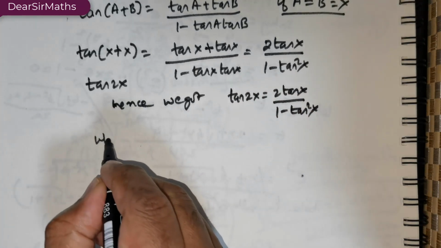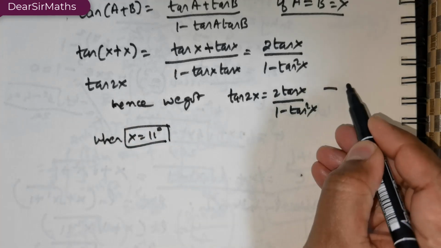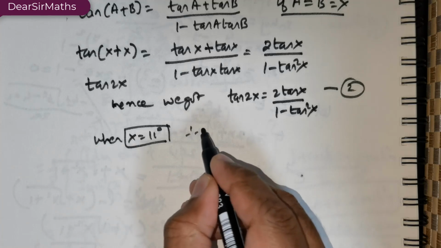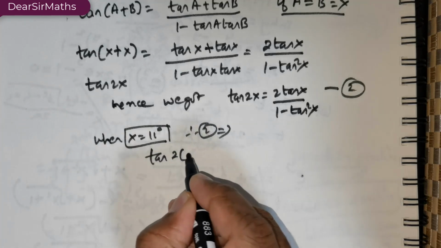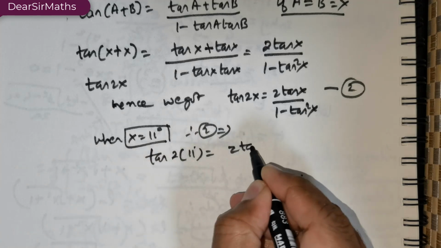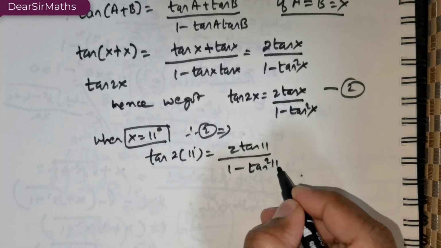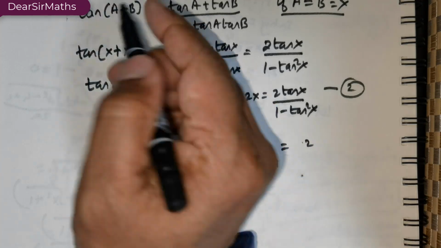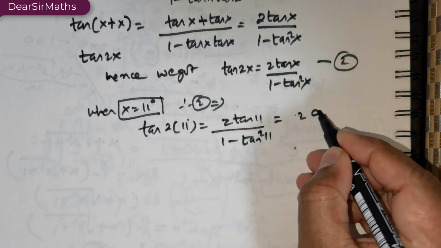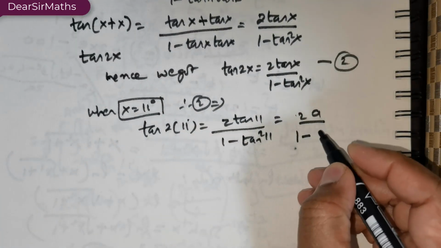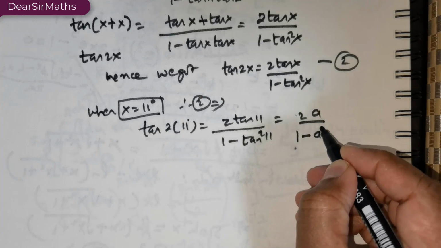Now when x is equal to 11 degrees, tan of 2 times 11 is equal to 2 times tan 11 divided by (1 - tan² of 11). Now it's given that tan 11 is A, so this is 2 times A divided by (1 - A²).